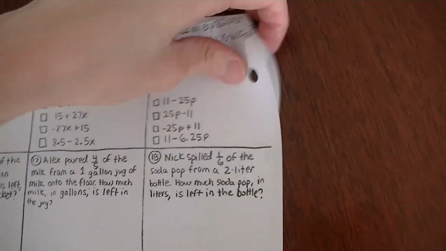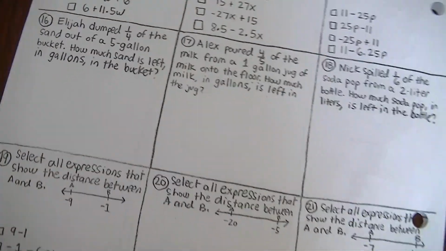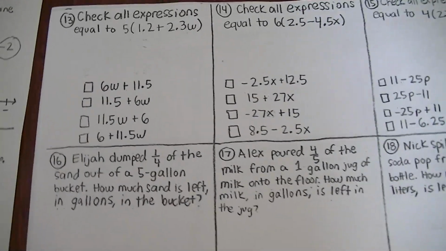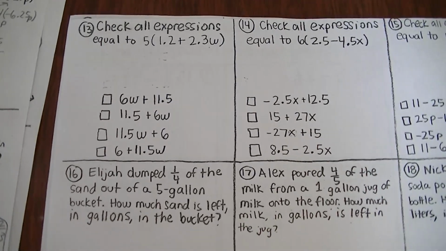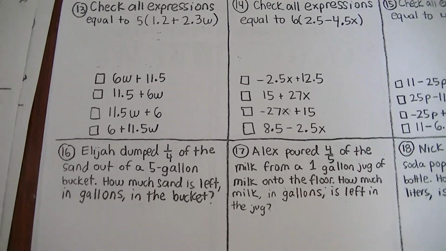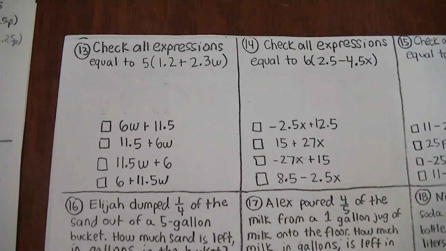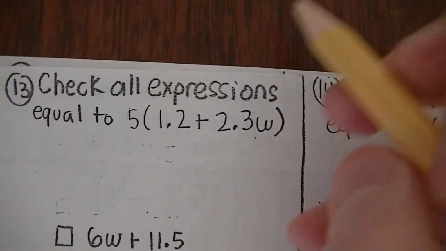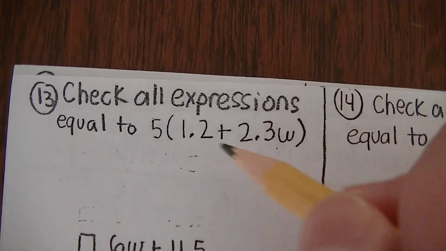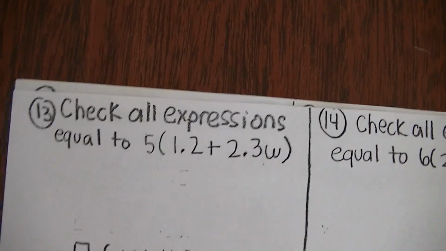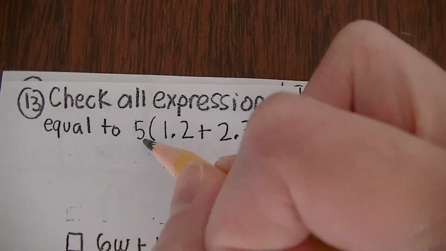Okay, number 13. Check all expressions equal to 5 times the quantity of 1 2/10 plus 2 3/10 times W. So one way that I've shown you in class to do this is to use the distributive property, and that's what I'm going to do.